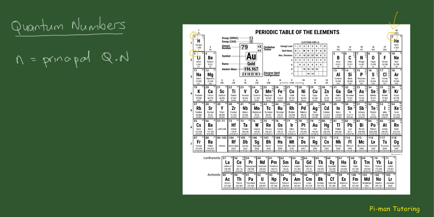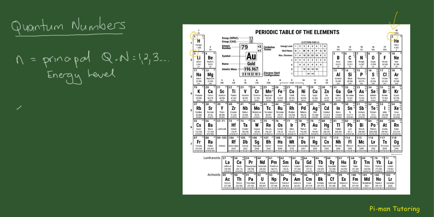And it can have any integer value we choose. So we looked at 1, 2, and 3, but of course the periodic table goes on and on, so this number continues to grow. That tells us which energy level we are in. Fair enough.